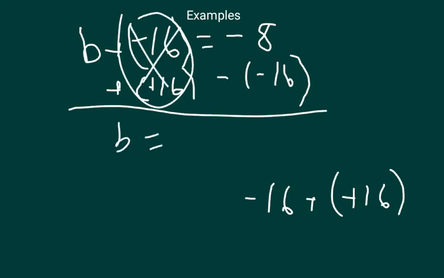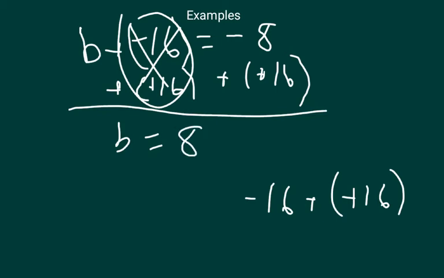That gives us b. Then in this part of the problem, we have -8 minus -16, so we're going to do keep, change. So this would be plus +16. If we have 8 negatives and 16 positives, that's a net of 8 positives.